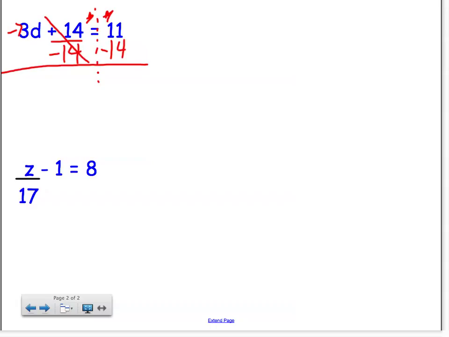Okay, these will cancel out, and I'm left with 3d on this side equals 11 minus 14, which will give me a negative 3. Different signs, we subtract. 14 minus 11 is 3, and take the sign of the bigger number. The bigger number was negative 14 there. Okay? Now I need to solve for d.